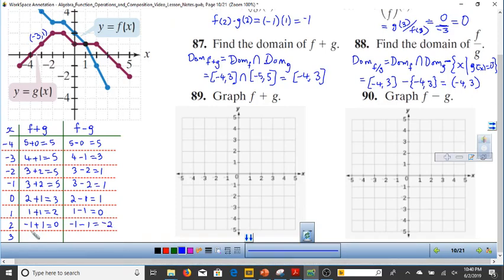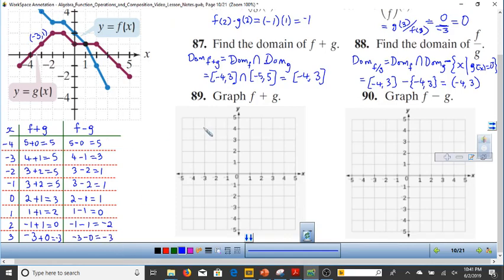And then finally, f of 3 is -3, and g of 3 is 0. So f plus g is -3, and f minus g is also -3. Now we're ready to plot our points.